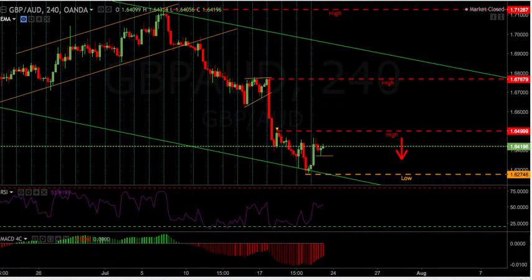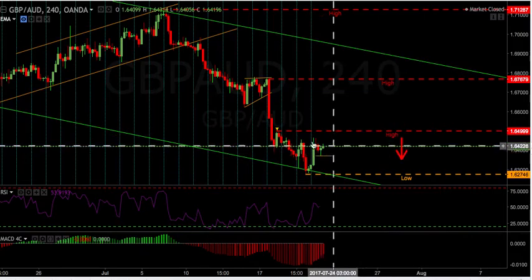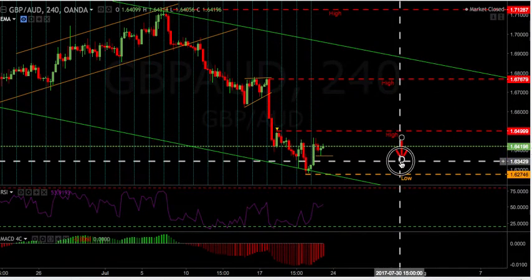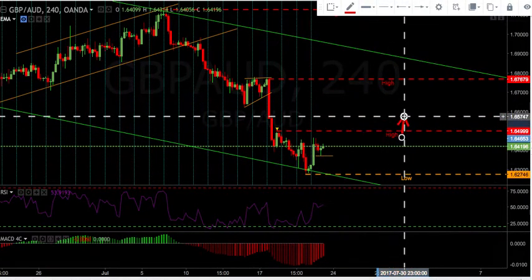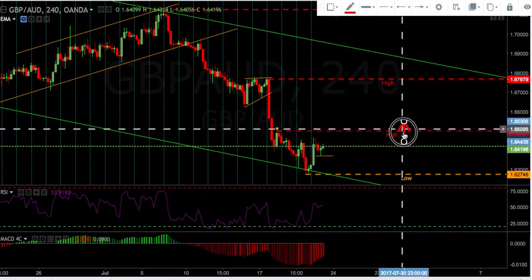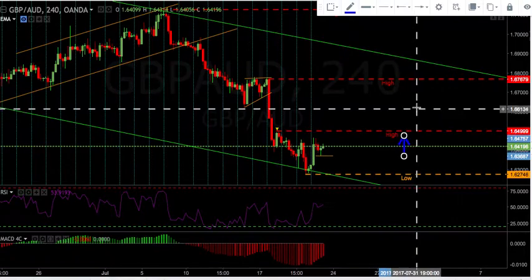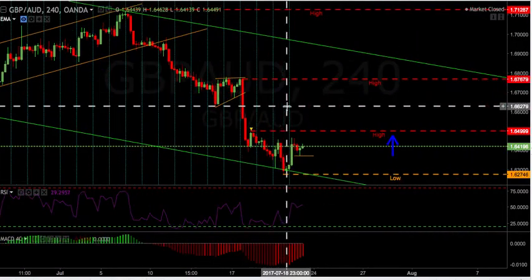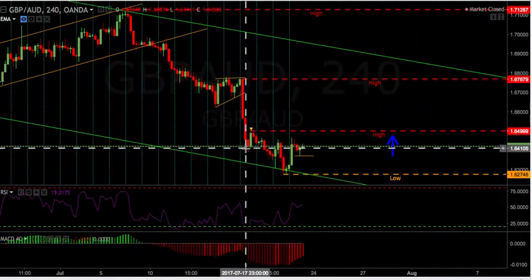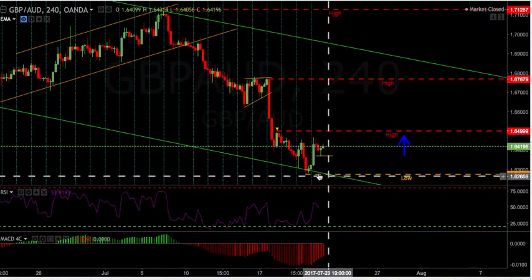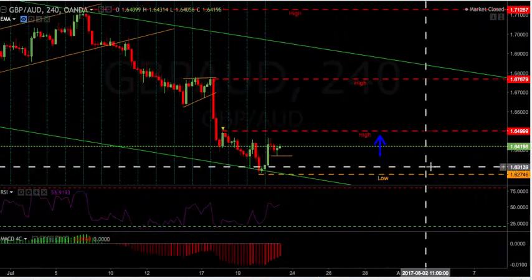Pound Aussie. Pound Aussie should actually be in this point. I don't know, I guess I didn't change it. It should be bullish, and I'll tell you why. Because even though they have this beautiful bearish impulse, we have had a confirmed bounce.